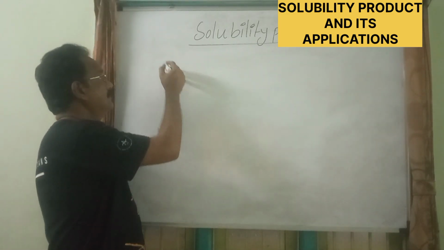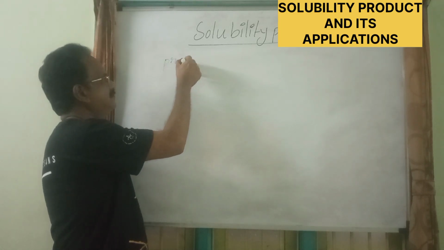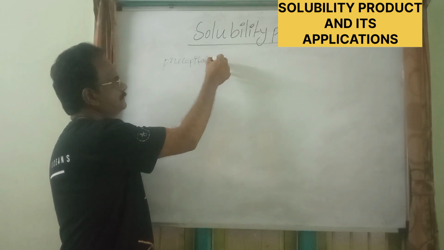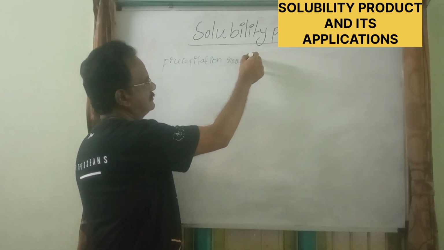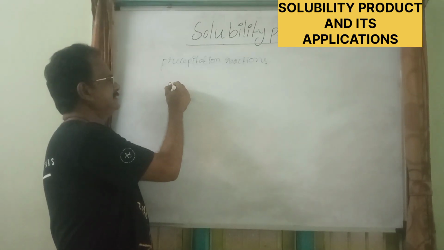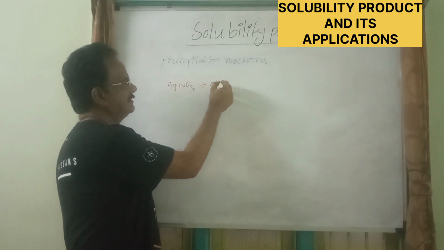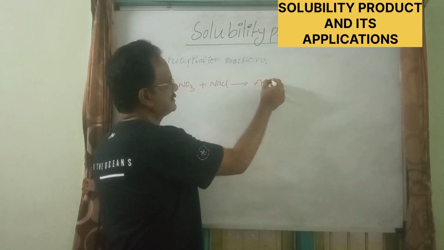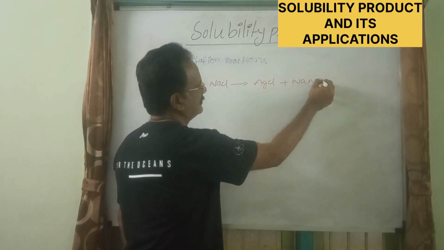Applications of solubility product in precipitation reactions. Let us see. Precipitation: AgNO3 plus NaCl gives rise to AgCl plus NaNO3.